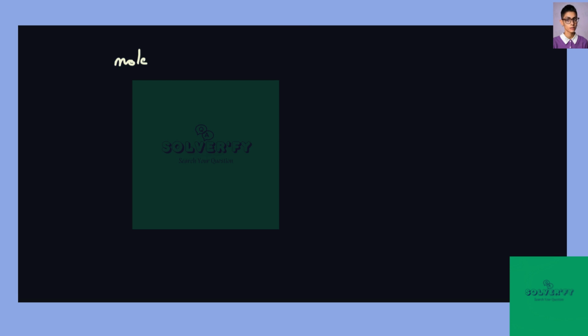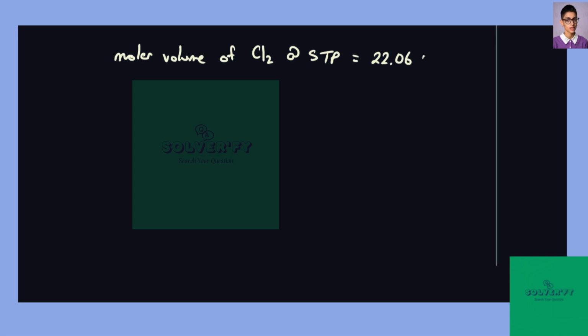In this question, we're given the molar volume of chlorine, Cl2, at STP, which is equal to 22.06 liters per mole.